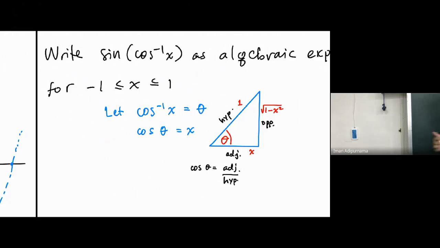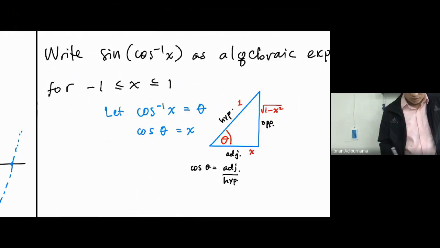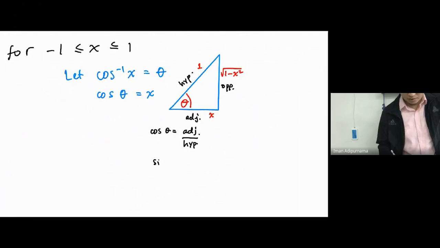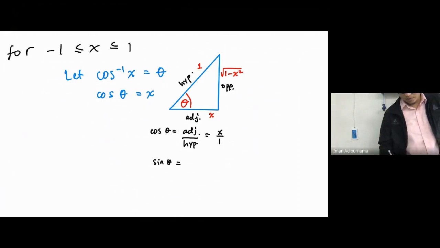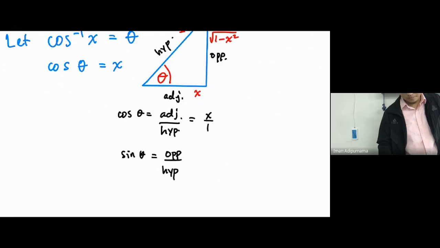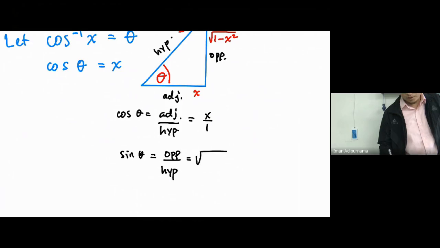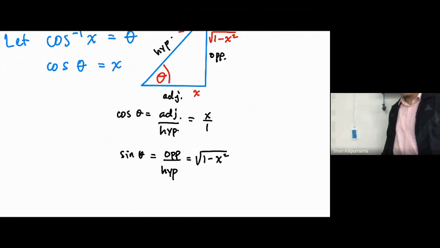Then we can write sine theta based on our triangle here as the opposite side over the hypotenuse, and it will be the square root of 1 minus x squared.